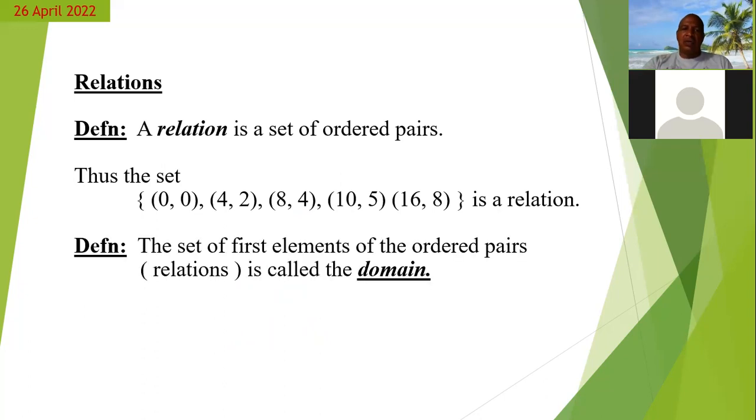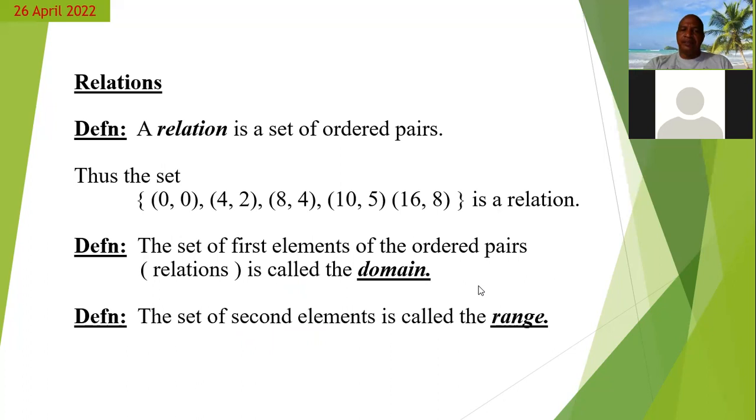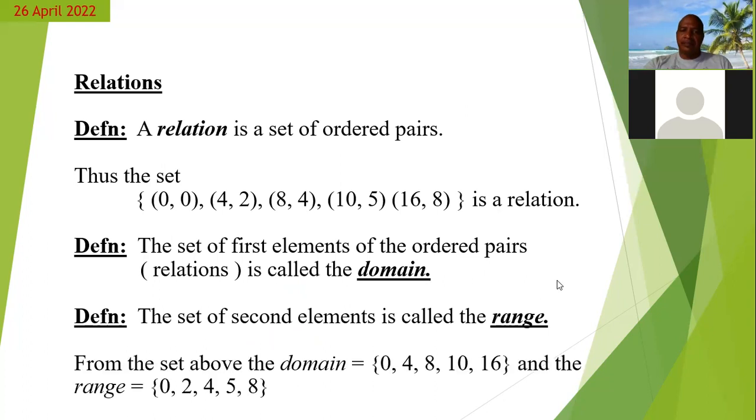All right, so now formally the set of X values, which would be the set of first elements here, we refer to as the domain. The set of Y values, which would be the second element, we refer to as the range. And so the domain would have values 0, 4, 8, 10, 16. And the range, which is the Y value, would have 0, 2, 4, 5, and 8.